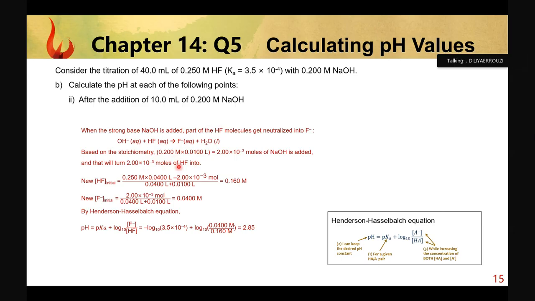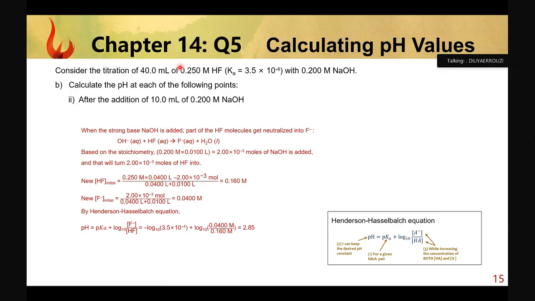So we need to know how much of the acid is neutralized by the base. So we need to calculate the concentration of the base we use. This multiplied by the volume is the moles we used. This will neutralize that much mole of acid. So we can calculate how much acid is left.